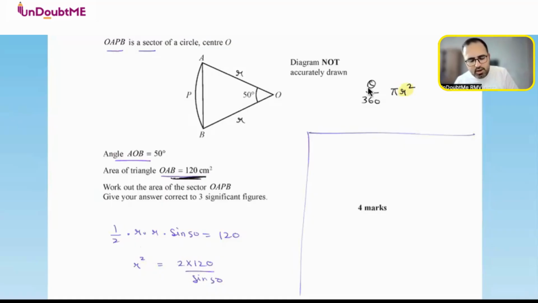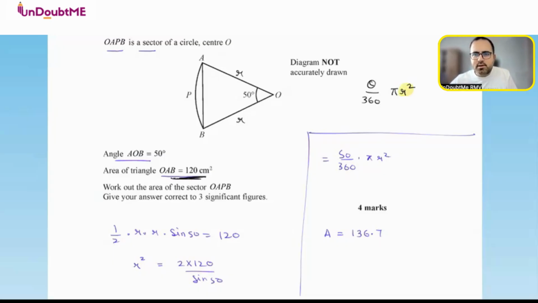So now for the area of the sector, it will be theta, that is 50 over 360 times pi r square. I'll use the exact calculator value: 50 divided by 360 times pi times the r square value, which is written here, 2 times 120 divided by sine 50. And I will get the area of the sector as 136.7.